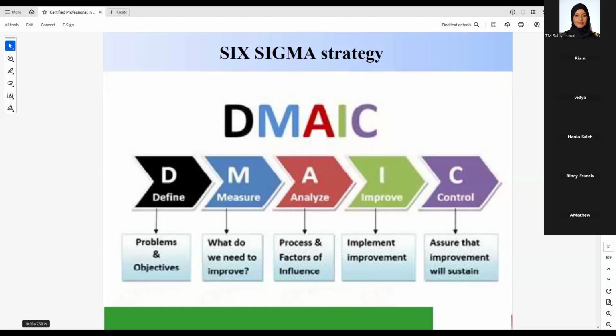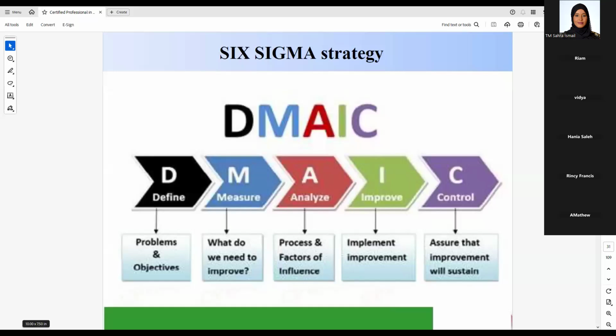Even for PDSA, I remember we used to use the A3. Actually, PDSA is like a small definition of the DMAIC. It's like a small process.